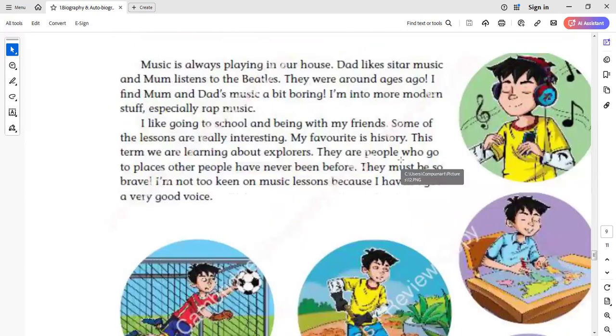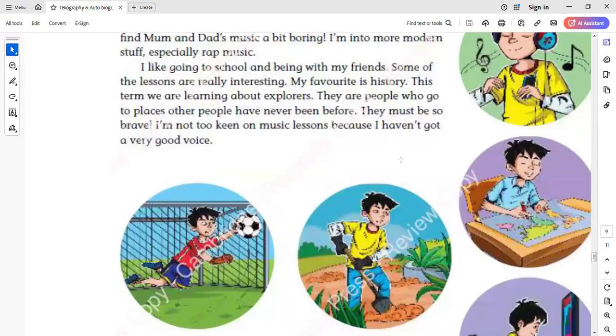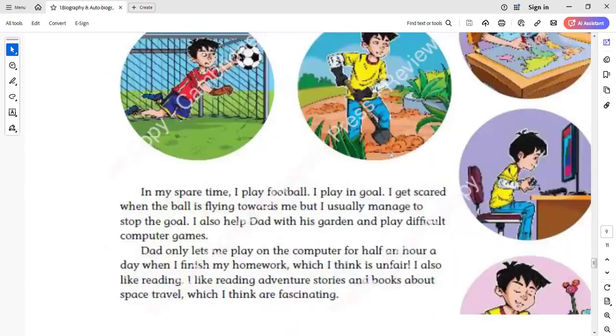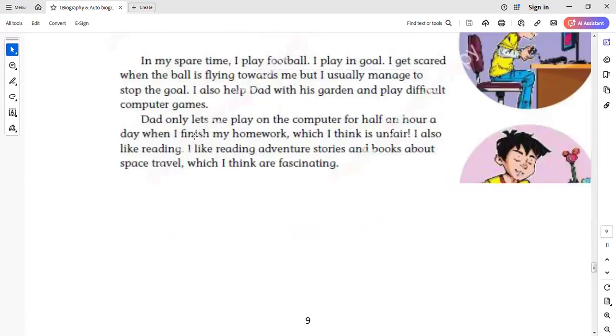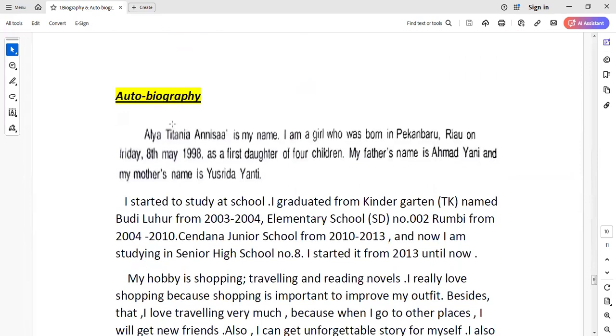He talks about his hobbies, about his school, about his friends, and how he spends his spare time. He talks also about his family and how this family is supporting him.